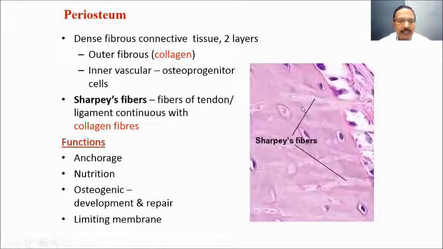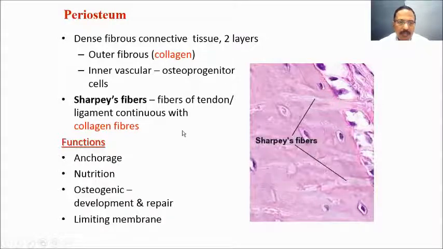You can see here in this slide there are some structures attached, which can be a muscle or something, but from their attachment area we can see some fibers entering into the bone tissue. These are called the Sharpey's fibers. So periosteum, as I said, has two layers, the outer fibrous layer and the inner osteoprogenitor layer or the cellular layer, and they will provide the anchorage of various muscles or ligaments and other tissues.